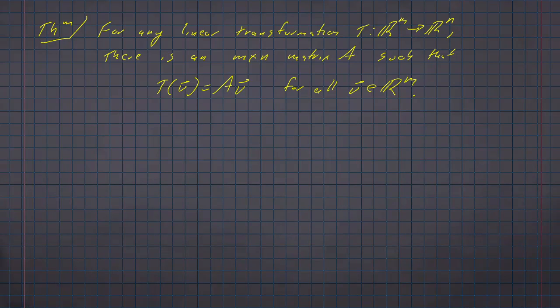For any linear transformation between Rm and Rn, there is an m by n matrix we'll call matrix A, such that T of v can be calculated as A times v.